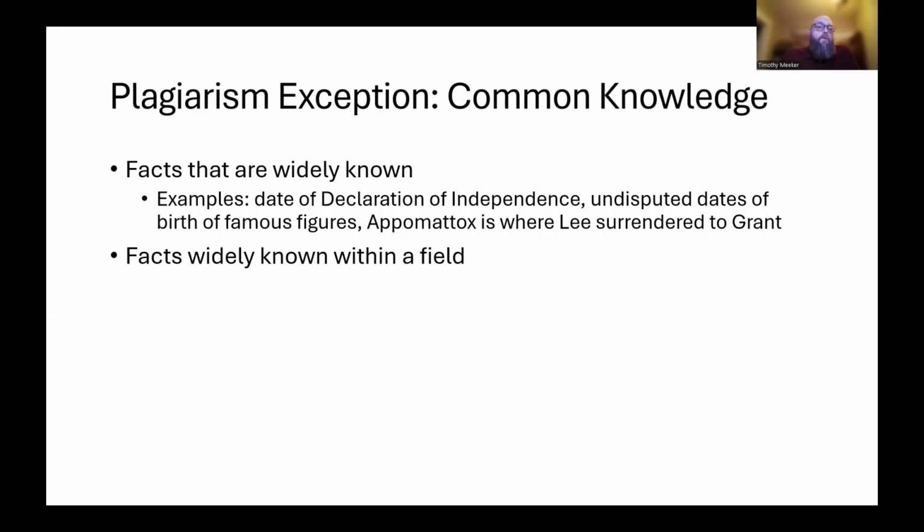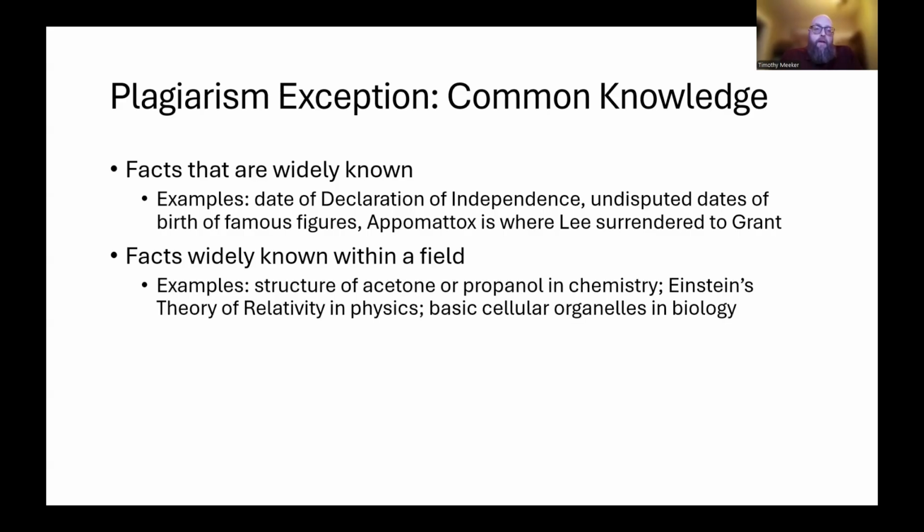There are also facts widely known within a field. So, for example, the structure of acetone or propanol or ethanol in chemistry would be widely known. Einstein's theory of relativity in physics, for example, and then basic cellular organelles in biology.